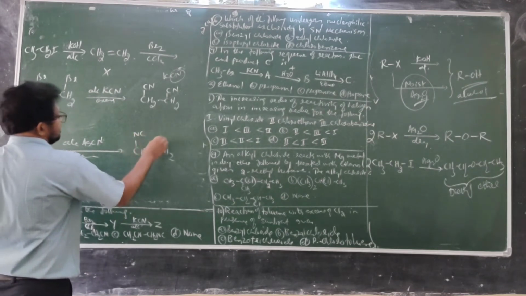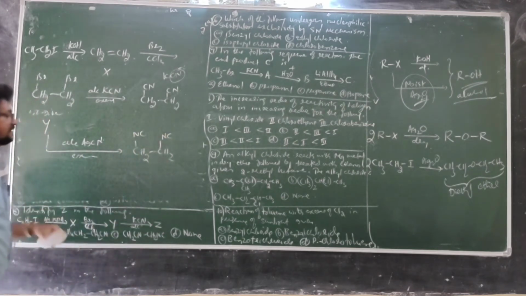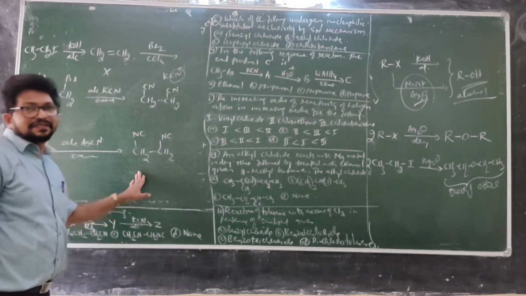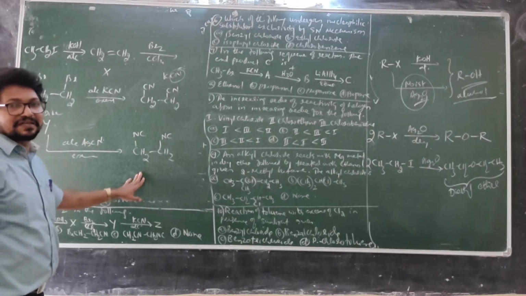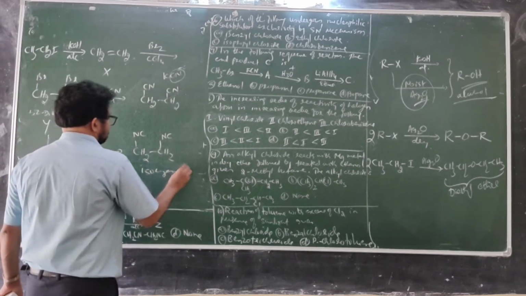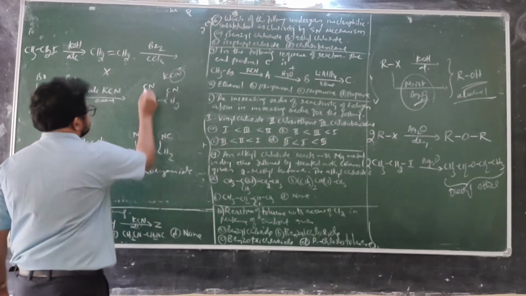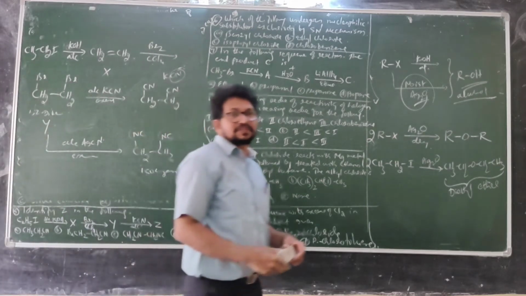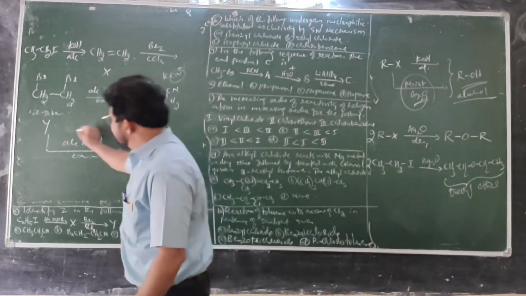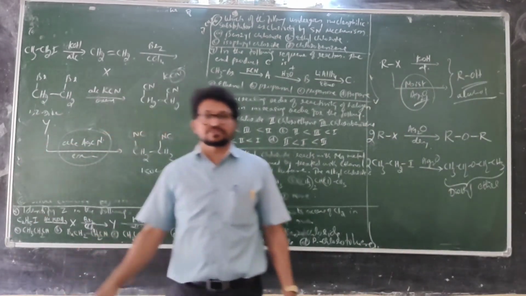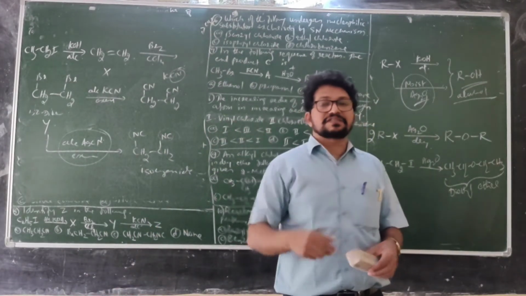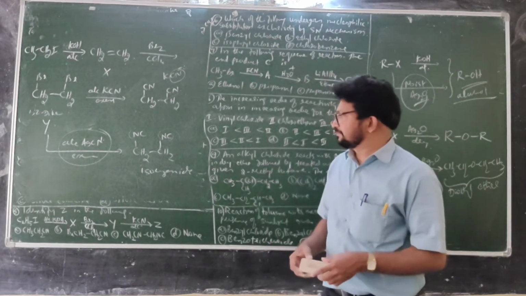CH2NC. See, this is carbylamine, or it is isocyanide. Isocyanide is the product. And this is what type of nucleophile? Ambident nucleophile. AgCN provides isocyanide. So one of the very, very important things: whenever AgCN, silver cyanide comes in the alcoholic medium, your product is not cyanide, it is isocyanide.